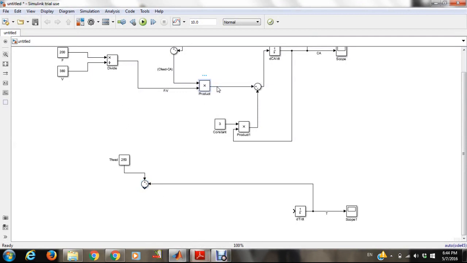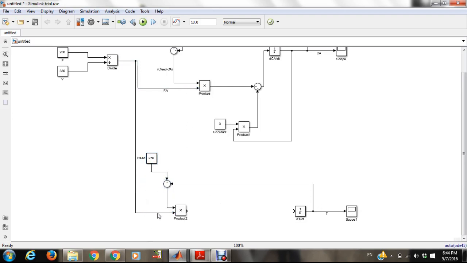You can just copy this one, Control C and Control V, put it over here. So this is the first multiplication, and the second multiplication comes from here. It can get messy, so just arrange them again.